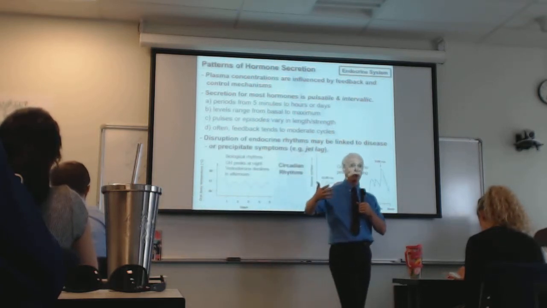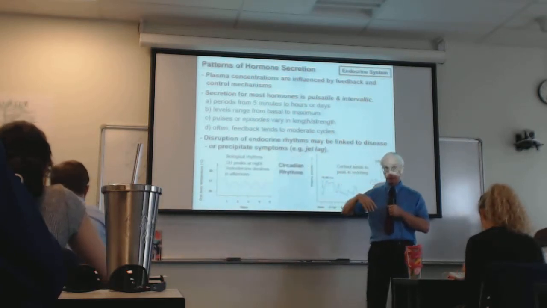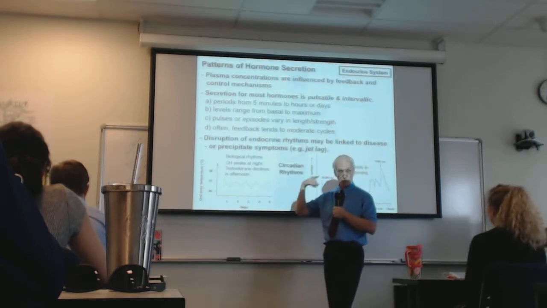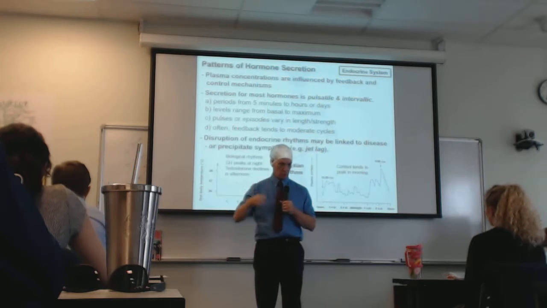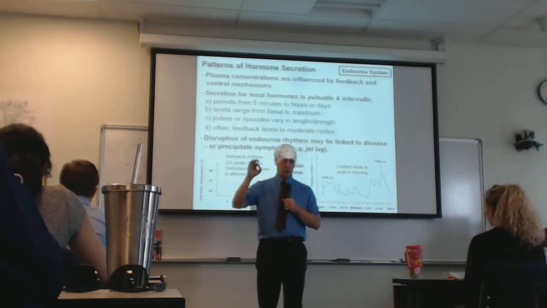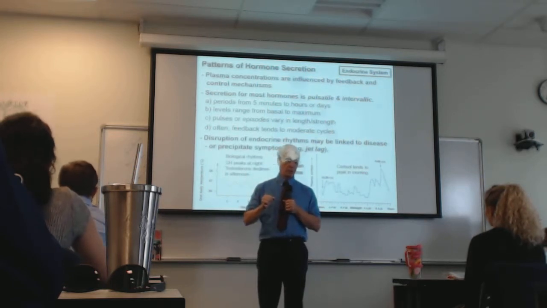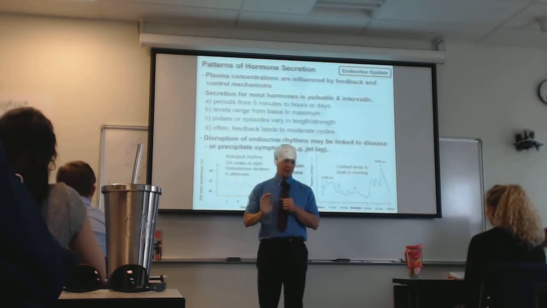In some cases the rhythms are monthly, in some cases seasonal. You've heard of seasonal affective disorder. Some of the hormones regulated by pineal activity, just in front of the brainstem there, are regulated seasonally. Others are regulated, as I say, developmentally.